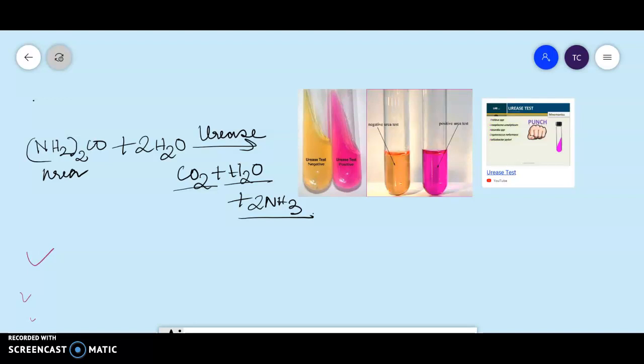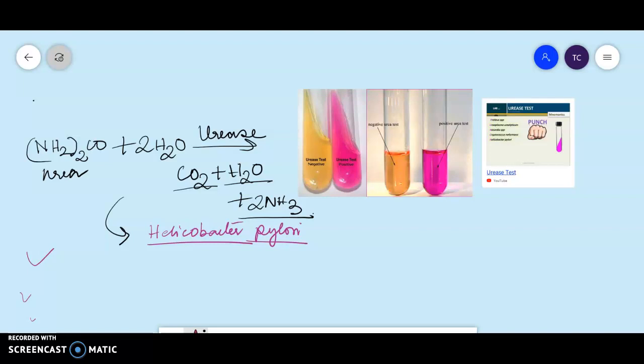Okay. So this test is sometimes used in your urea breath test. I will just relate it to an example. There are certain organisms which you have also studied in your medical microbiology, Helicobacter pylori. It's a diagnostic test for the diagnosis of Helicobacter pylori.